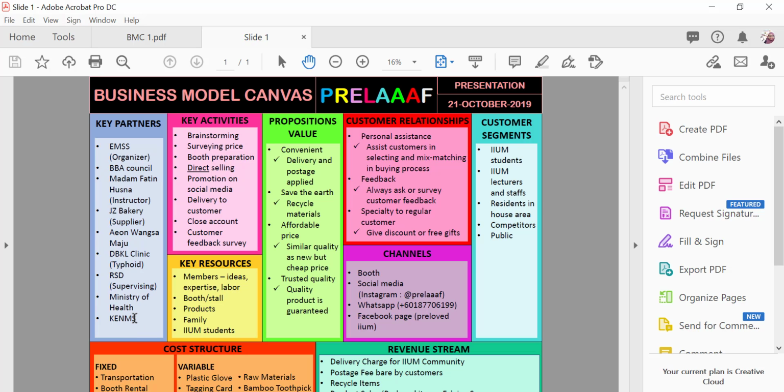KNMS, if you want to put, you can, but if you have other things that are more important, no need. But it's a must to put BBA Council. You must put EDC. That's very, very important. Two things, EDC and BBA Council.